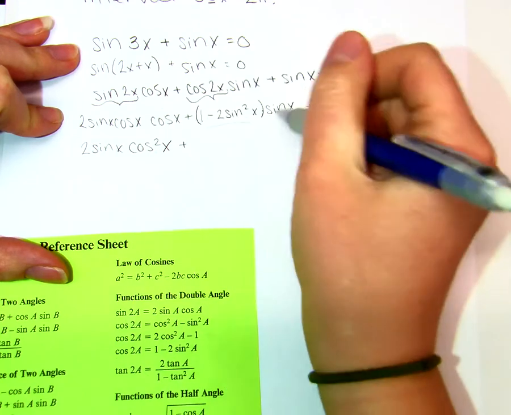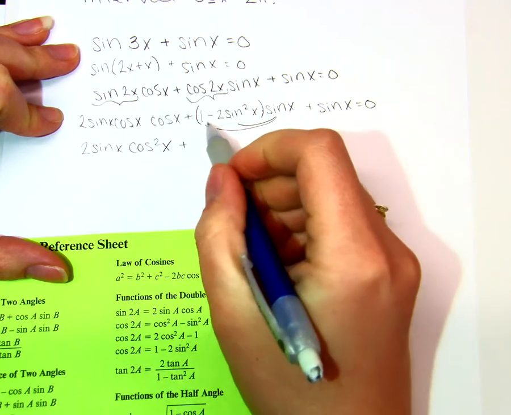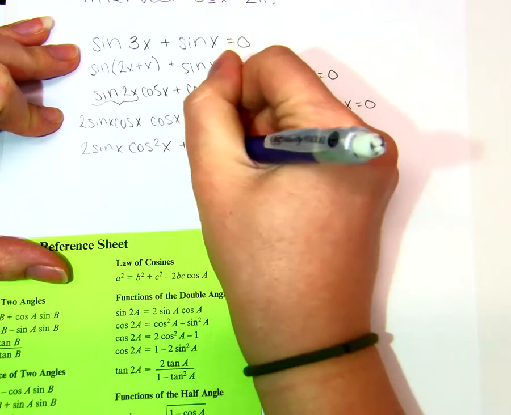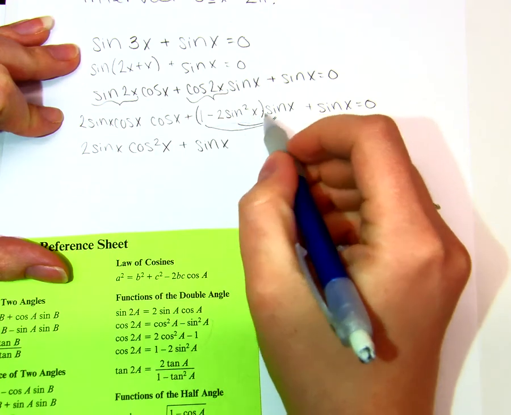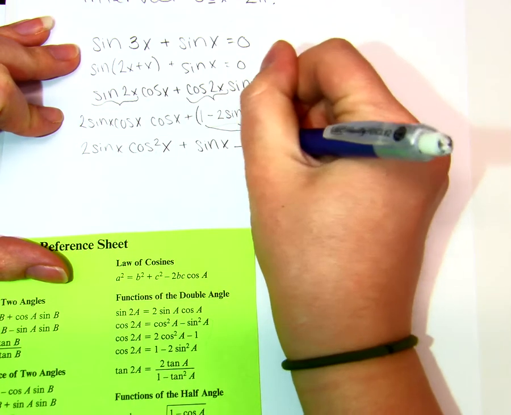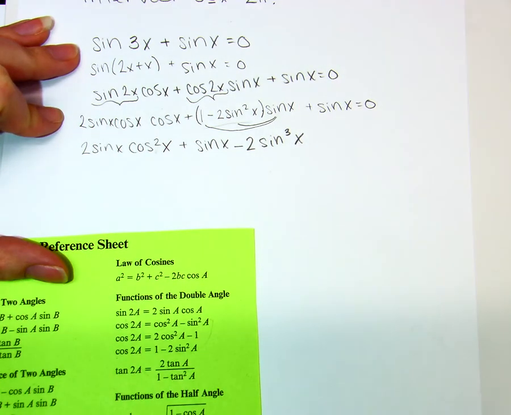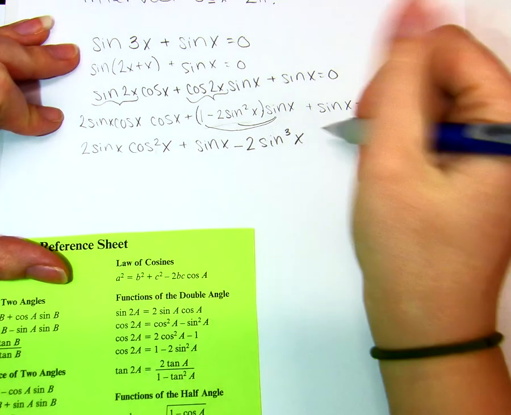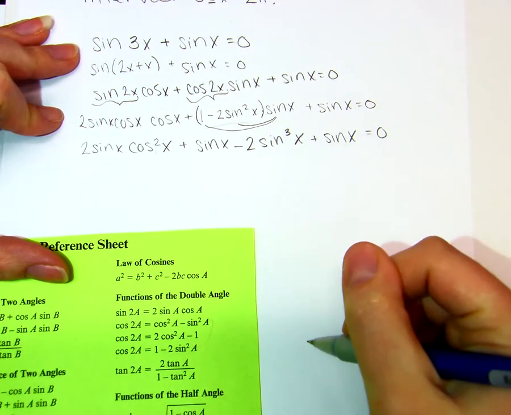Plus, if I distribute my sine into this quantity, it's going to be 1 times sine, which is just going to give me a sine x. And then negative 2 sine squared x times sine is going to give me negative 2 sine cubed x, because I'm going to have 2 sines multiplied by 1 sine will give me 3. Plus sine x equals 0.